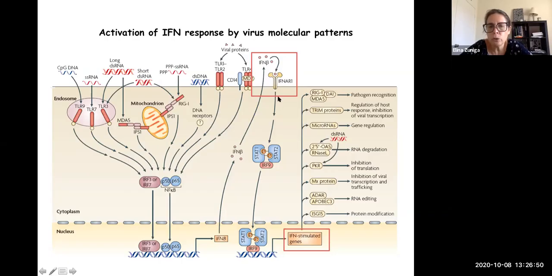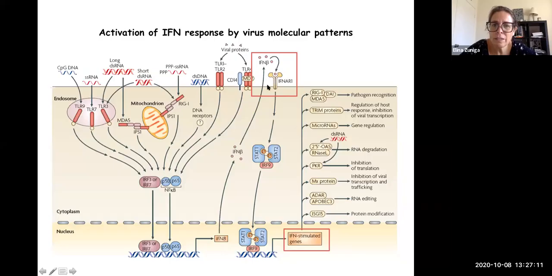I will not ask you to remember this, but just in case, this will induce signaling via STAT proteins. These proteins are transcription factors too, so they will translocate into the nucleus and promote the transcription of hundreds of genes.